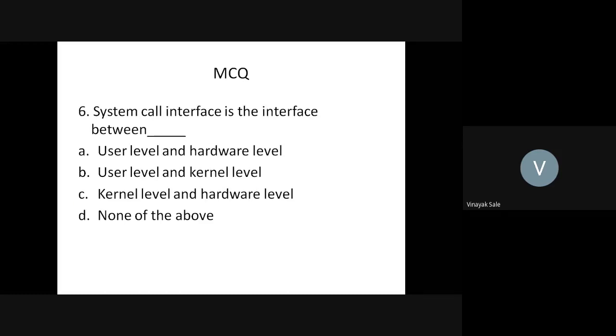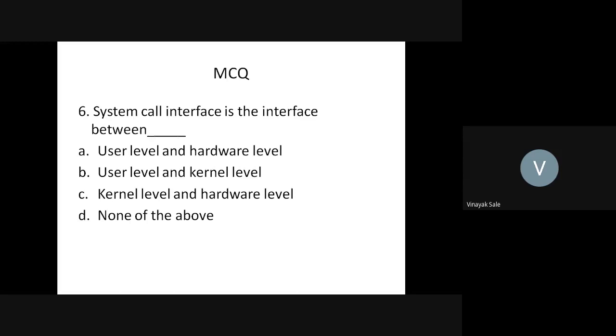Then the sixth question: system call interface is the interface between user level and hardware level, user level and kernel level, kernel level and hardware level, or none of the above.